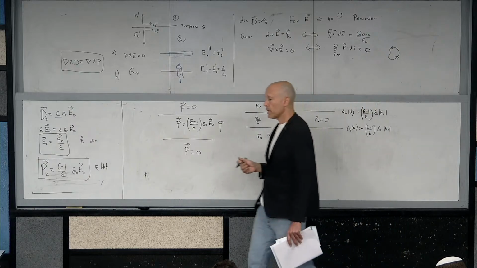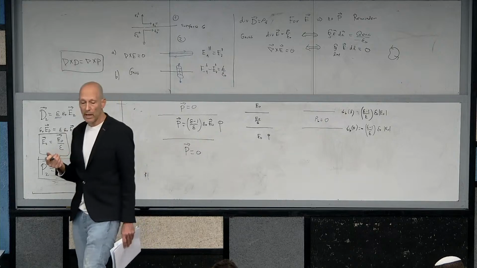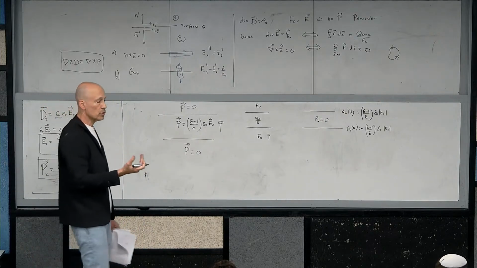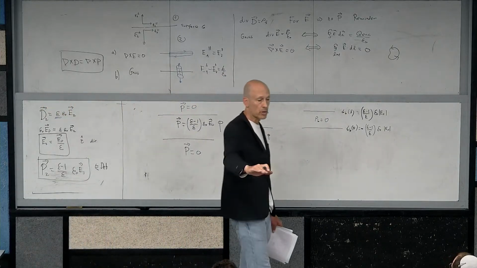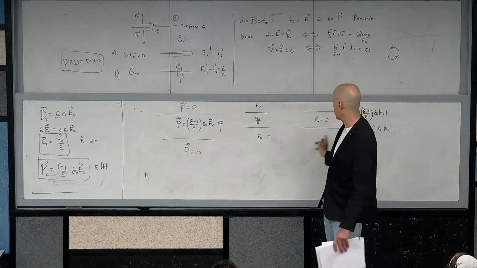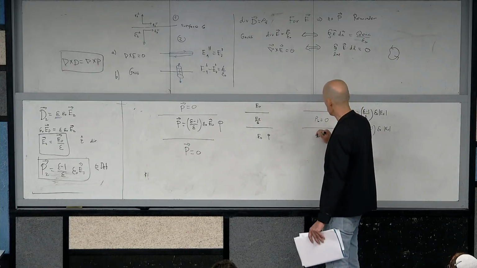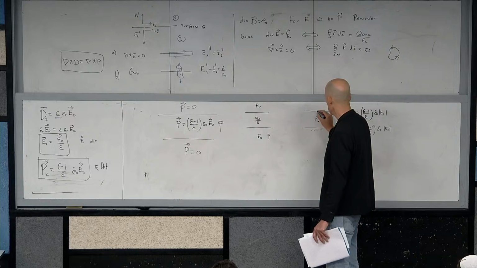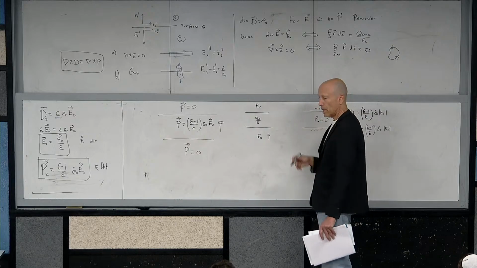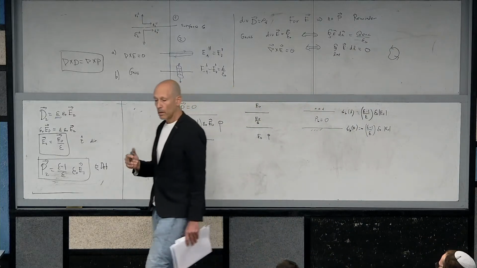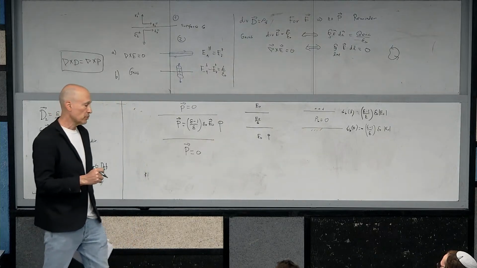So this external field that we applied from far away induces effective charges on the top. The stronger the field, the more charges. Here you have minus charges, here you have plus charges, and you control them by the strength of the electric field.